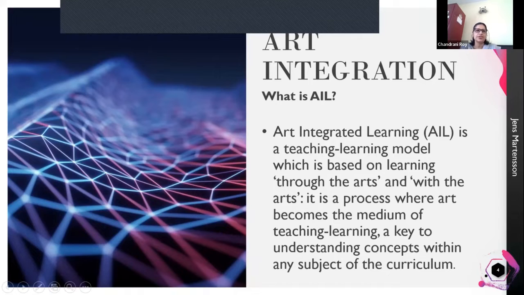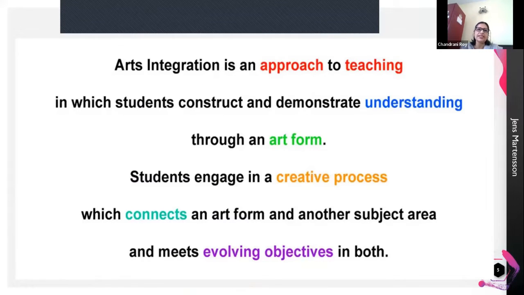of a particular subject. So it is basically an approach to teaching where children are allowed to construct and demonstrate their understanding through an art form. And here, when we say an art form, the art form could be in visual arts or performing arts in any particular way.